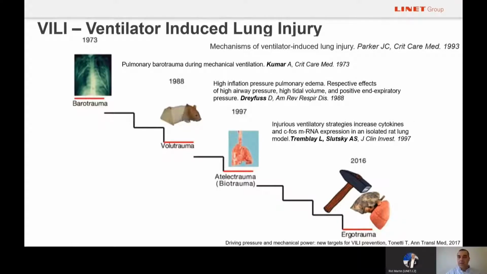Then Slutsky brought us the model of atelectrauma and biotrauma. It means opening and closing and reopening of the alveoli as a damage. And next, Marini in 2016 described ergotrauma or energotrauma, and then the concept of mechanical power was described by Gattinoni.